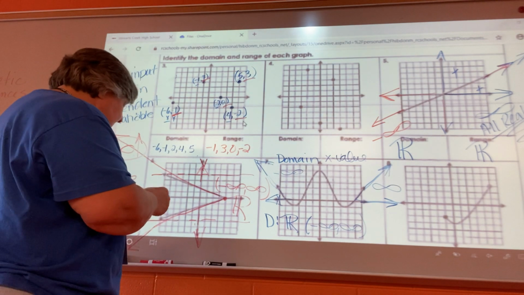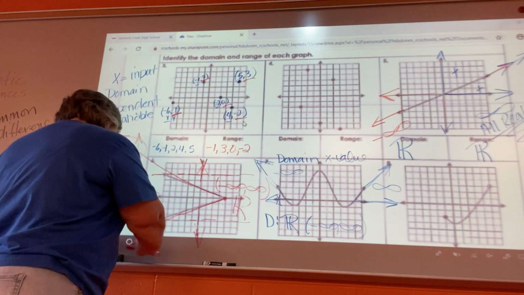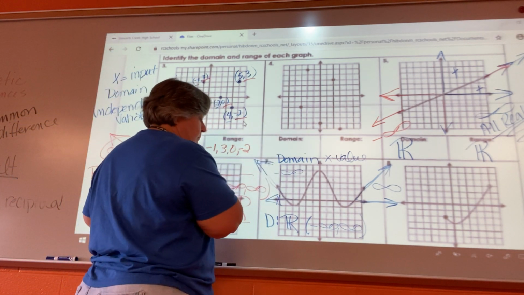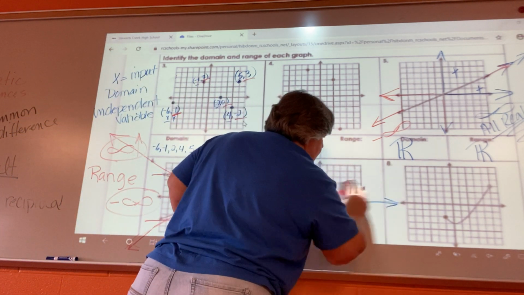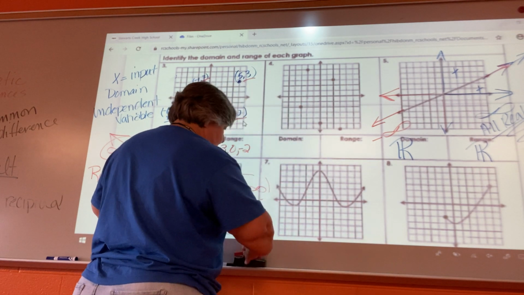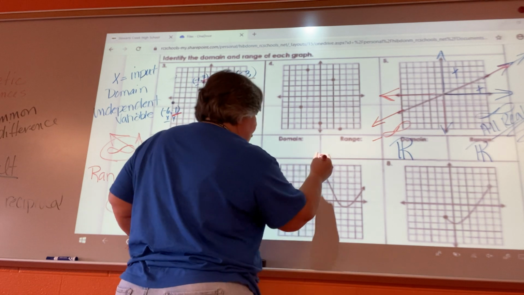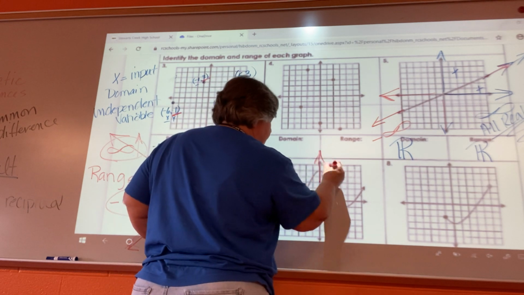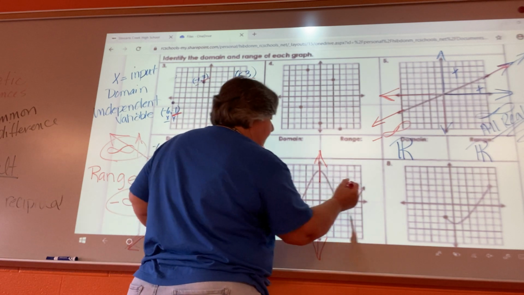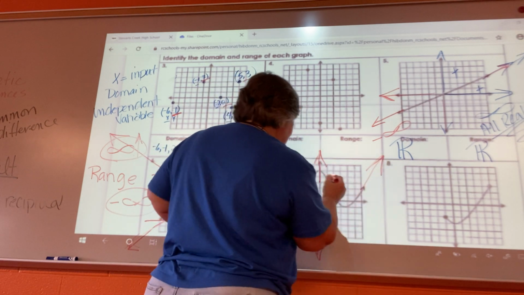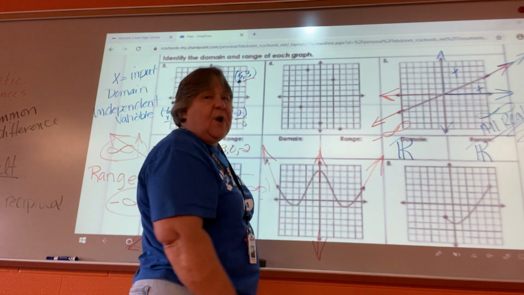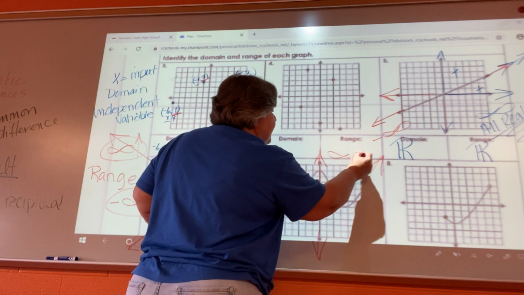Now I'm going to erase this so that I can do the range. Okay, range is the Y value, and the y value goes this way and this way. Well, this is going up, and so is this. So it's going up on the y, so it's going to continue to go in an upward direction, so that's positive infinity.